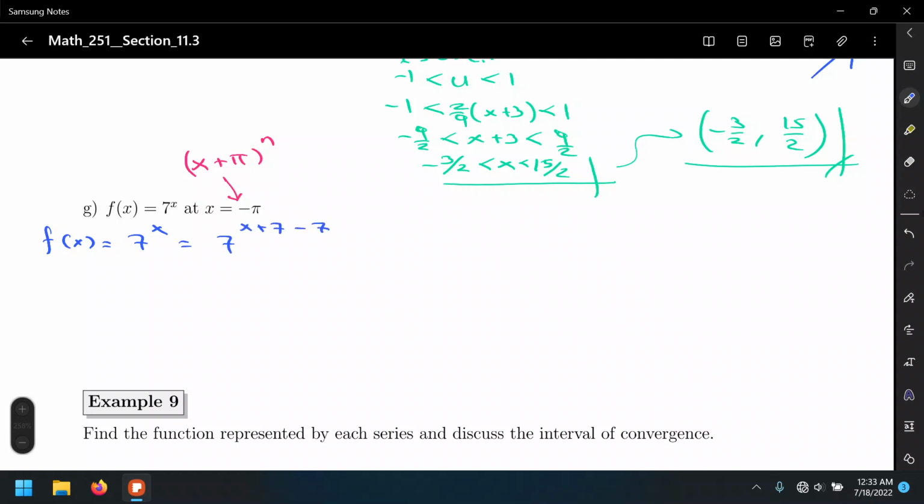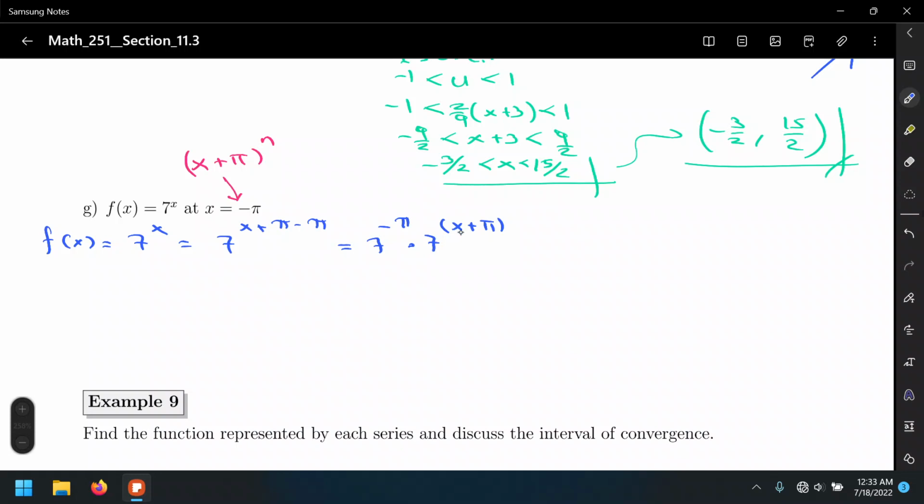No, not 7, actually it's pi. 7 to the x plus pi minus pi. And I'm going to group this the following way. So I'm going to have 7 to the negative pi times 7 to the x plus pi. And this is the one that we're going to use to obtain the series.